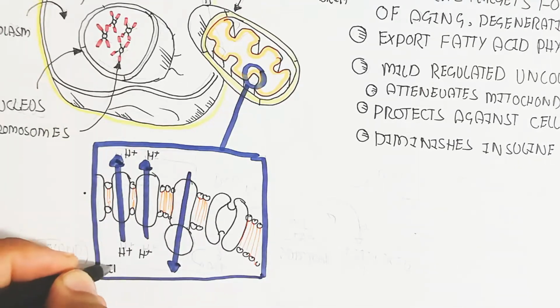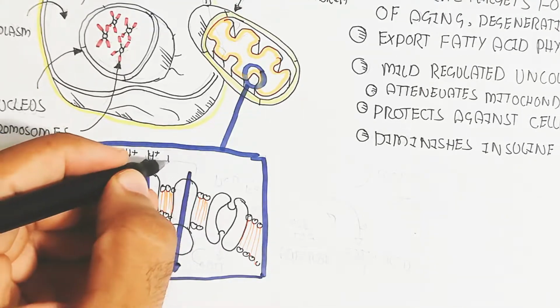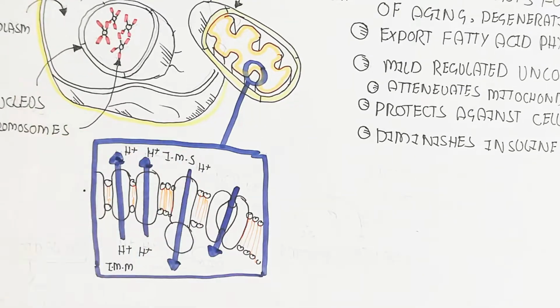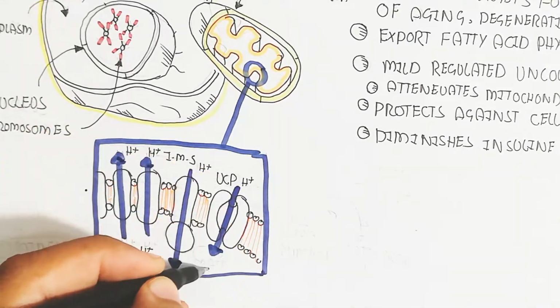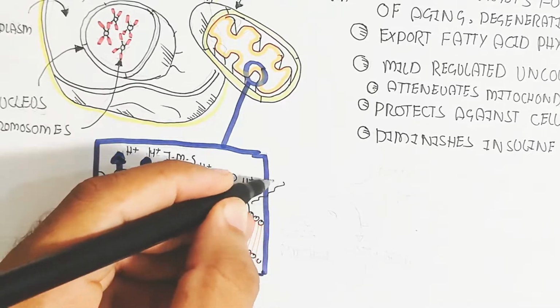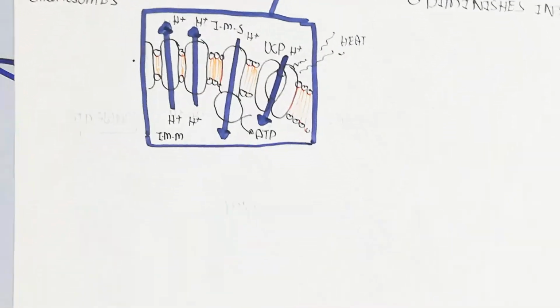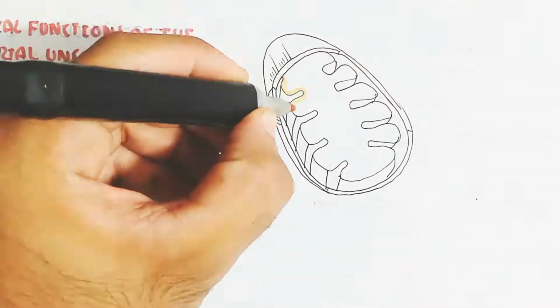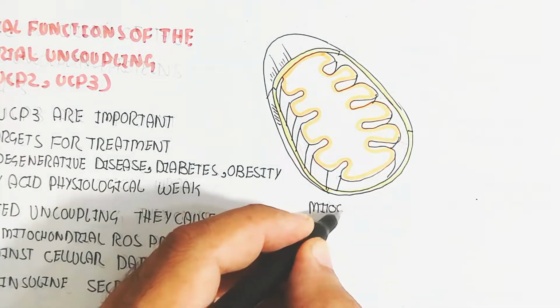The inner mitochondrial membrane contains five complexes, including the ATP synthase enzyme, which pumps out the proton through oxidation reduction reactions to produce ATP, as well as UCP, used for the influx of the proton into the inner mitochondrial matrix to produce heat.